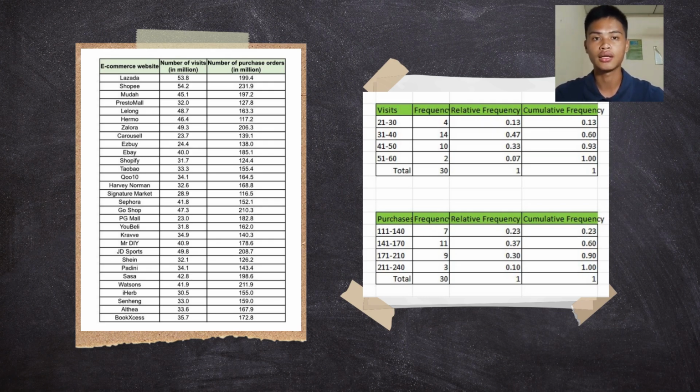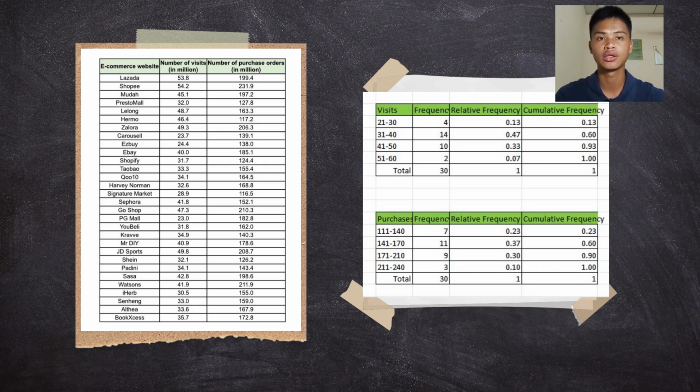And last, we're going to find the cumulative frequency. The cumulative frequency formula is by adding the relative frequency. So the first range will still stay at 0.13.